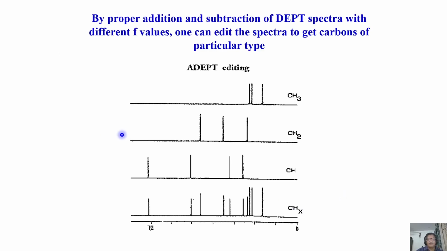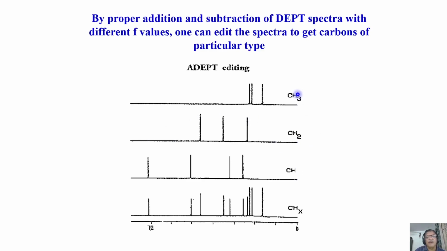See, very easy now. I can get spectra corresponding to different carbons individually, by taking the addition and subtraction, making combinations of these 3 different experiments. I can filter out the peaks corresponding to each carbon attached to different protons.